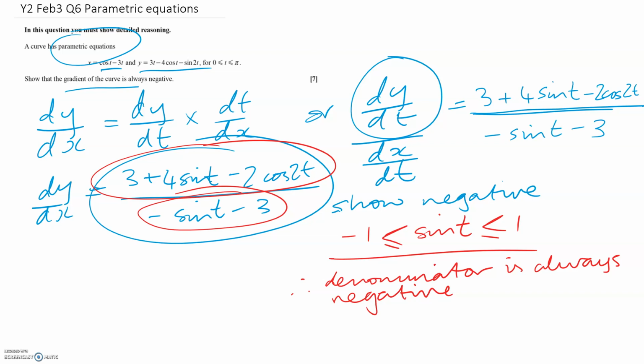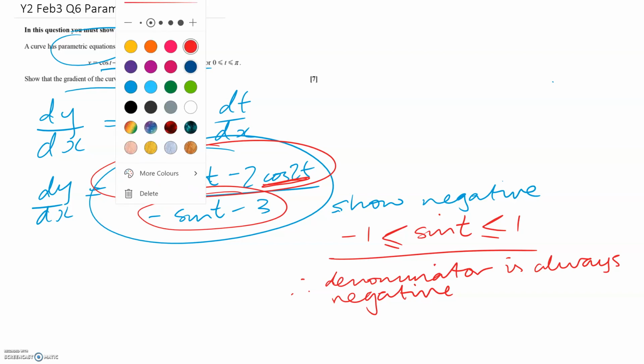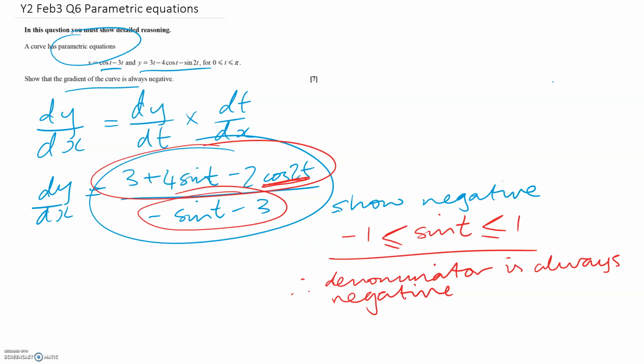So I think it might be a good idea to try getting rid of that cos 2t and getting that in terms of sine t, and then we might be able to complete the square to show that everything will be positive. So let's see if we can do that. If we just clear a space over here, let's do this in a different color. Okay, so we're just looking at the numerator.